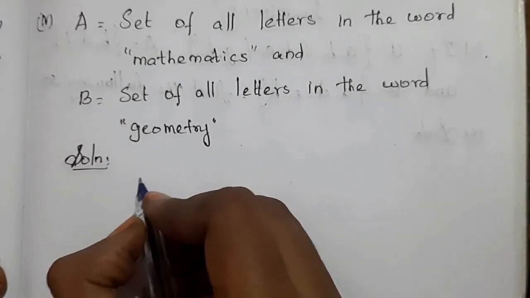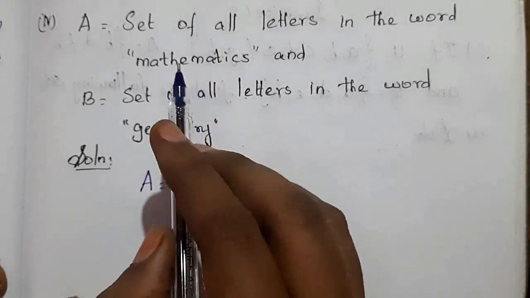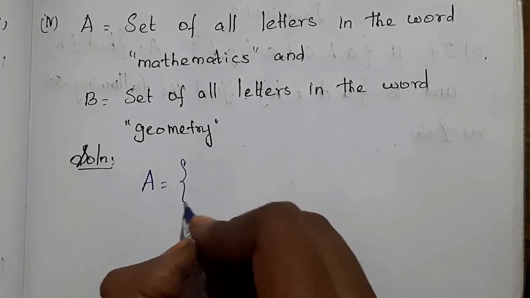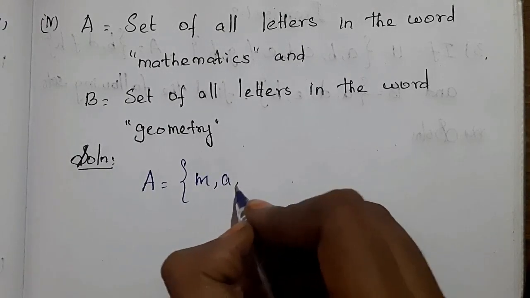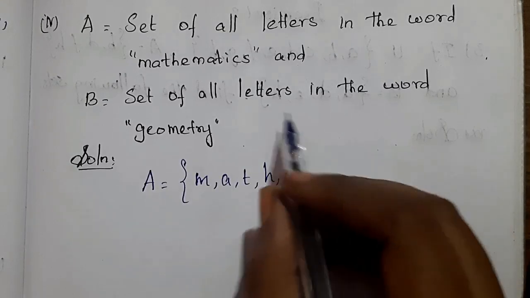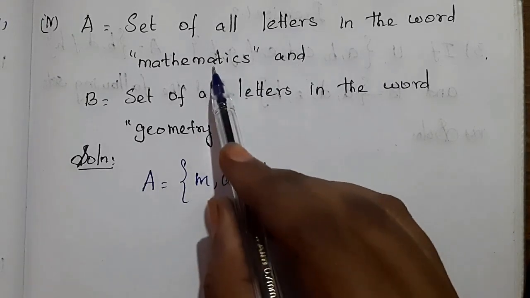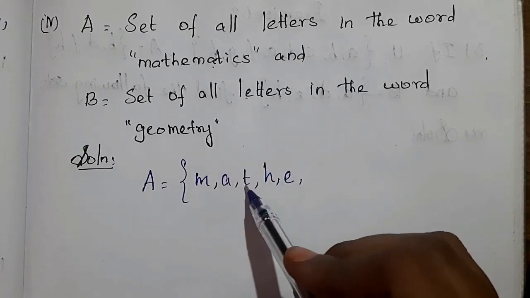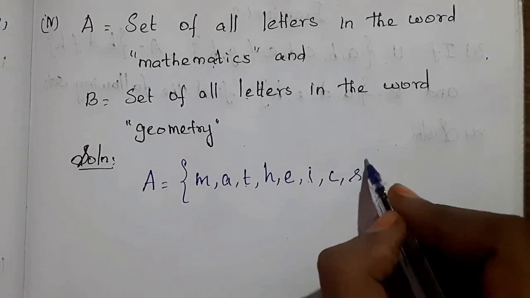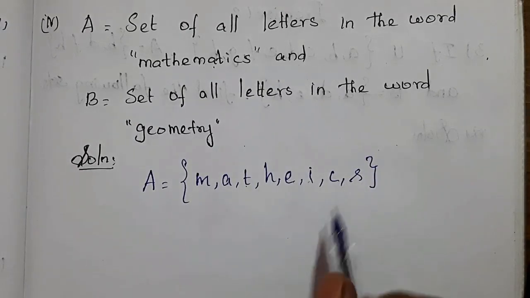So A equal to the letters in mathematics. What are the letters in mathematics? M, A, T, H, E, already M written, already A written, already T written, then I, C, S. So these are the letters in mathematics.